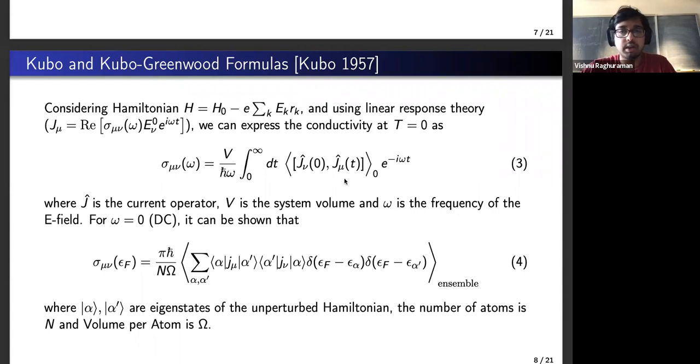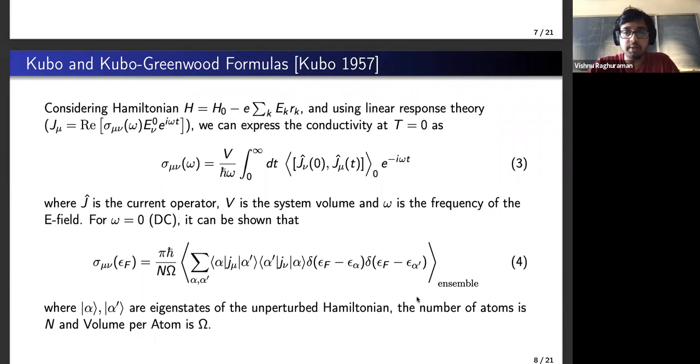And this over here is the expectation value with respect to the unperturbed Hamiltonian, which is why you have this 0 here in the subscript. And in the DC case, which is basically when you have omega equal to 0 and at t equal to 0, you can express the same equation 3 in terms of these wave functions here. And this is the Kubo-Greenwood expression.